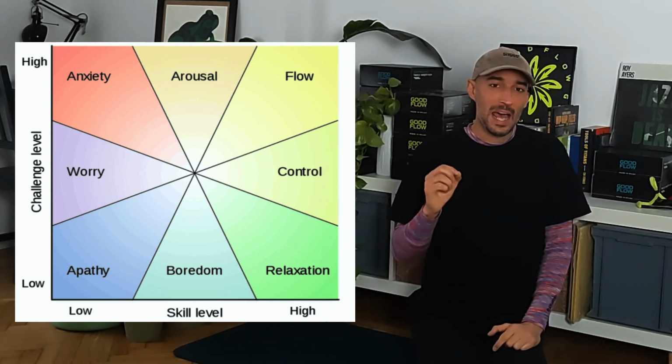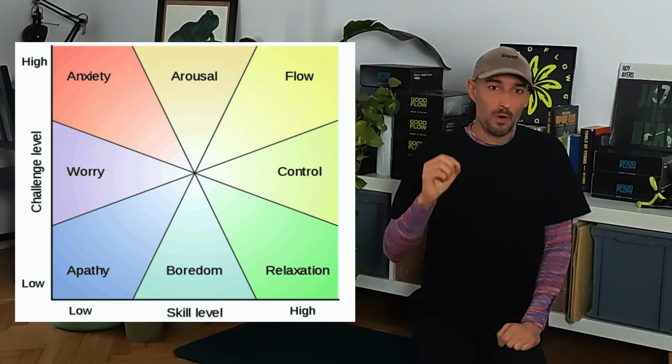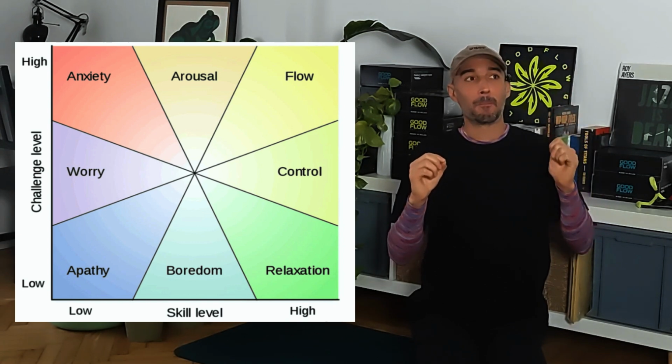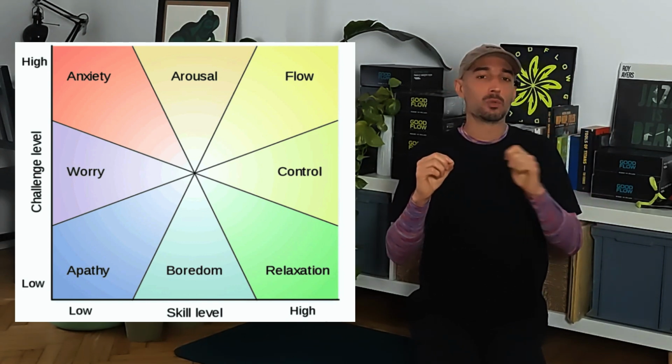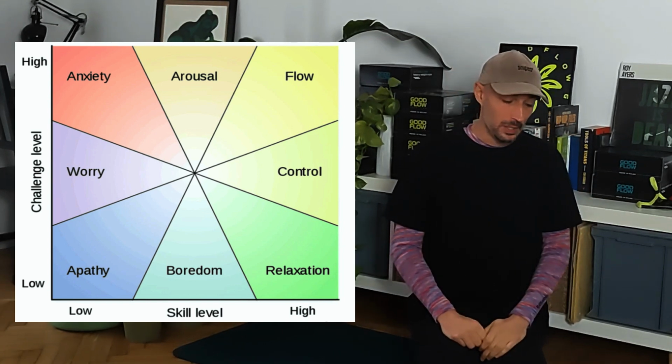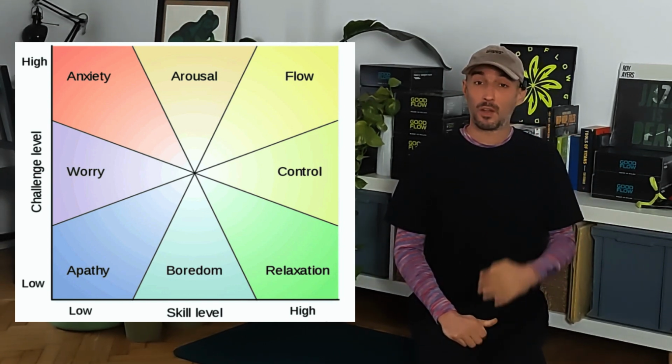Still, we don't have the full focus on what we are doing because the challenge is still not so high. If we think about the skill level, here is where we find flow state.